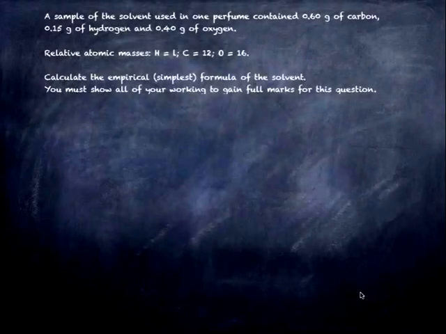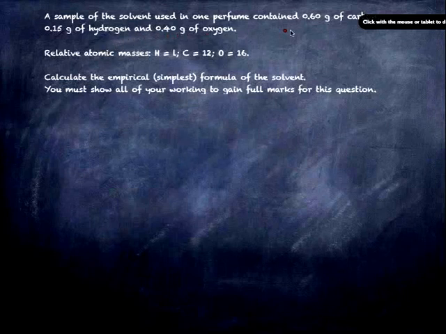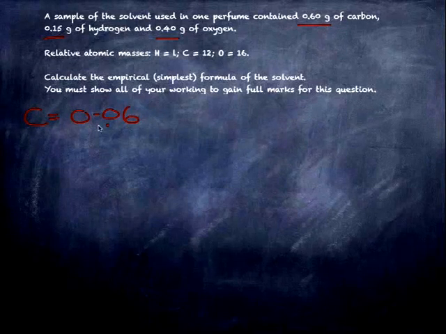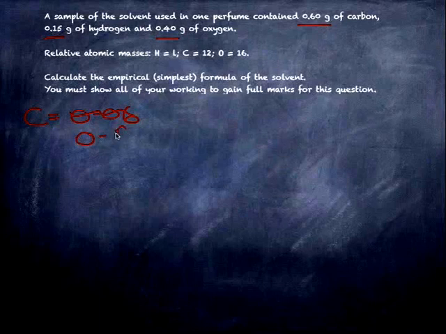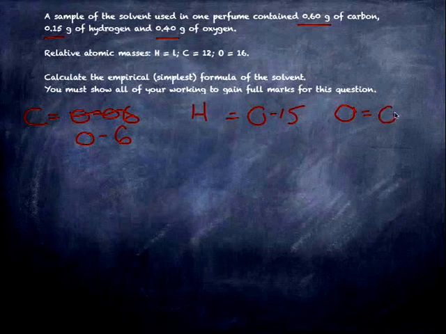Okay, so we've got something about perfumes this time, and we have 0.6 grams of carbon, we've got 0.15 grams of hydrogen and 0.4 grams of oxygen. So our carbon 0.6, our hydrogen 0.15, and our oxygen 0.4.